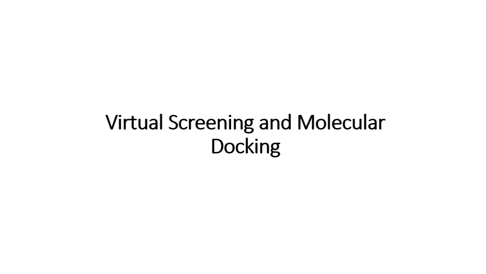our previous lecture, we have completed topics like target identification and how do we create a protein target for virtual screening or molecular docking. The next topic we dealt with was how do you obtain the compound library.